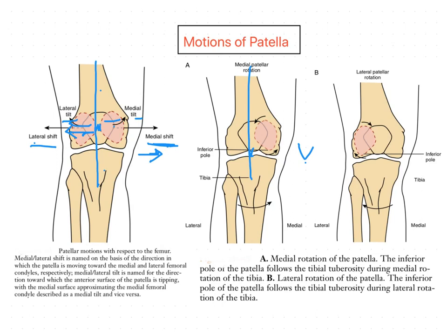Here you have to understand that the inferior pole of the patella follows the tibial tuberosity during medial rotation of the tibia, which causes the base of the patella to face towards the lateral side.